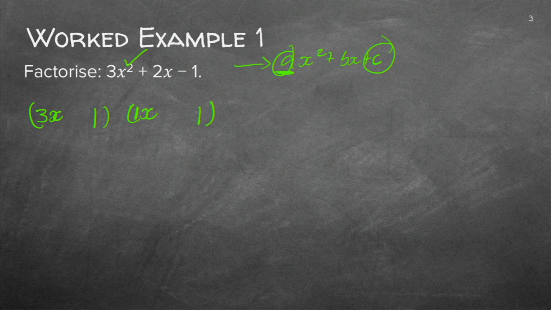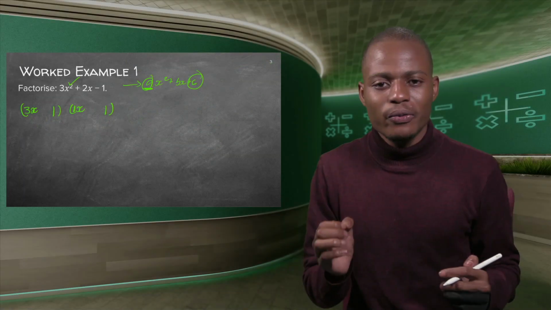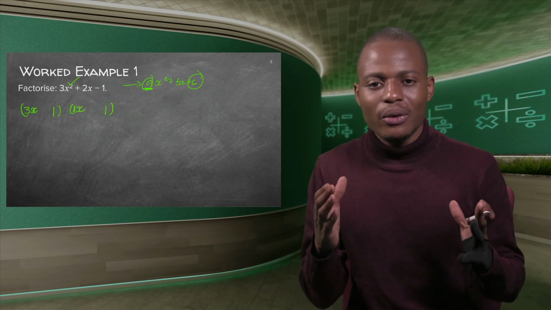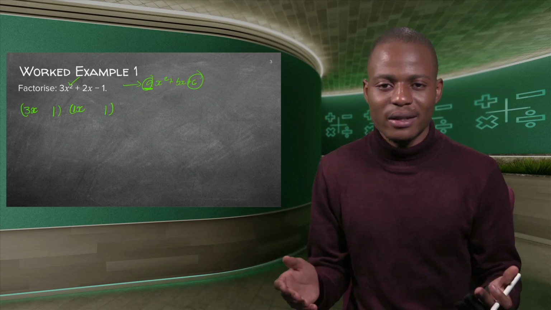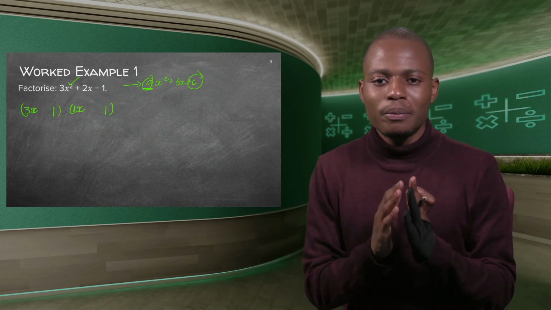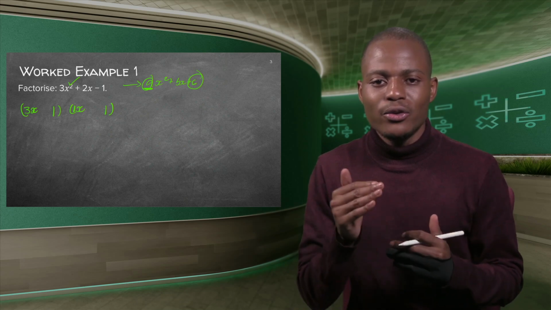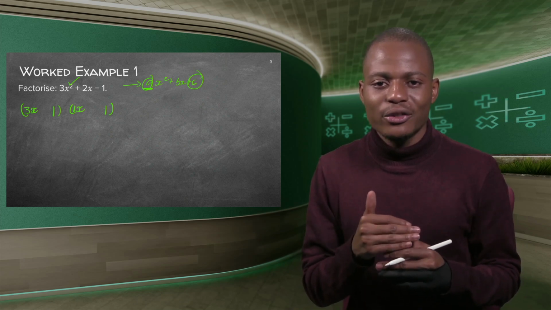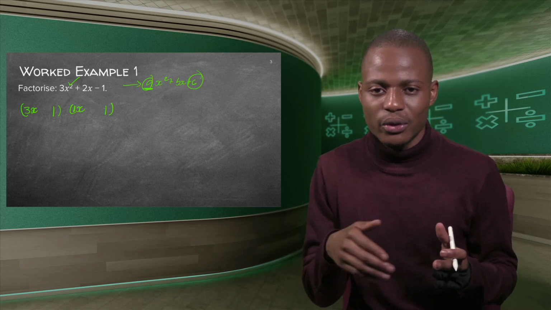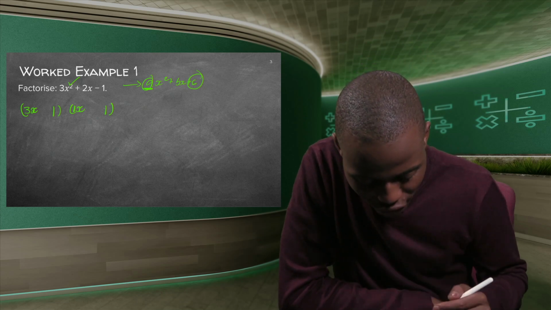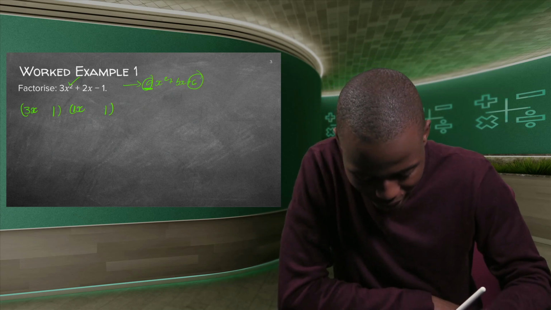Now this is where the fun begins. Once you have this, you are trying to find the signs, because as you can see we have two brackets and values there and there but no signs at all. So when you place your signs, they must work in accordance to what you have on the second value and the last value, and those signs must ensure that you get the value of bx.